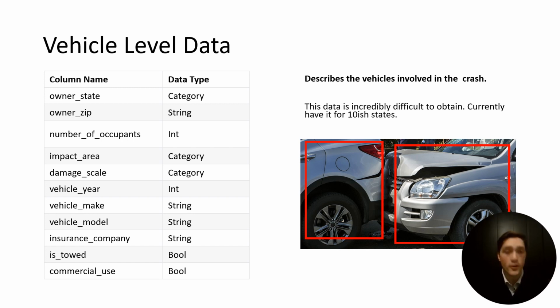So it's one thing to know where the crash occurred, it's another to know where that car came from, right? This is what really sets apart our risk score. Knowing the riskiness of an area is one thing where the crashes occur, but then knowing where those vehicles originate from to tie that back to the policyholder is the real key here. And so we get a lot of data from the crash and the vehicle level data as well.